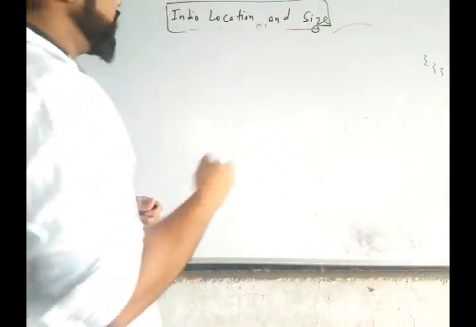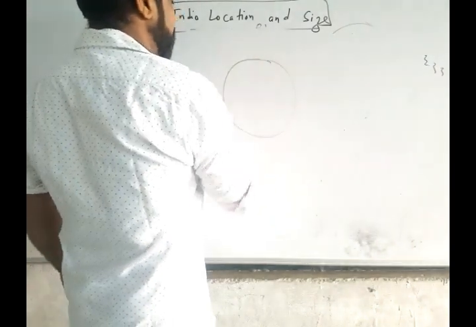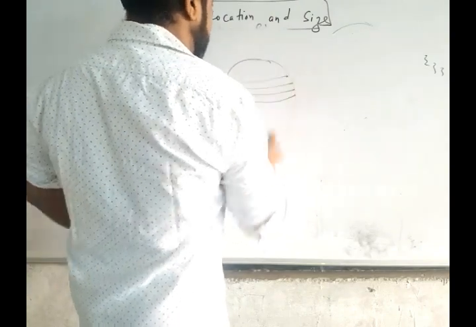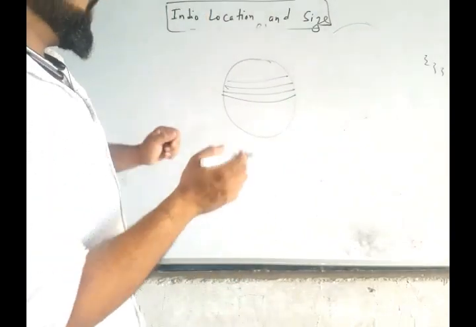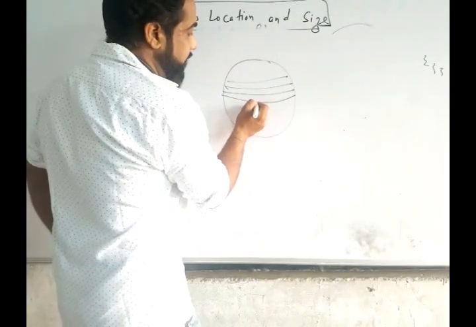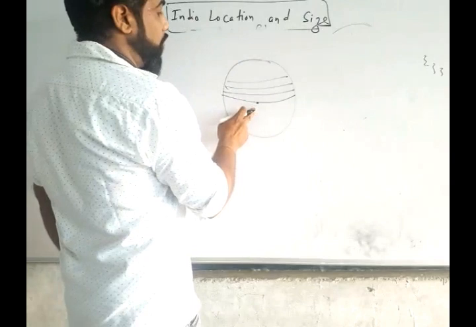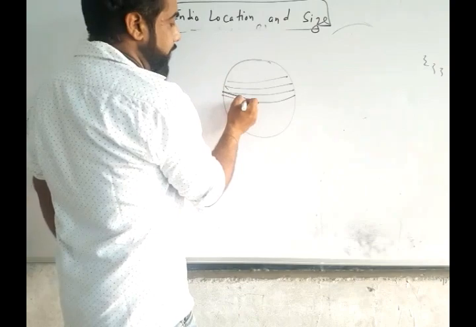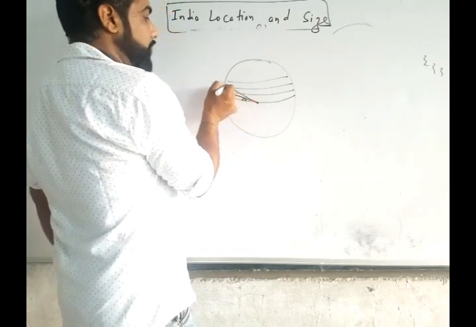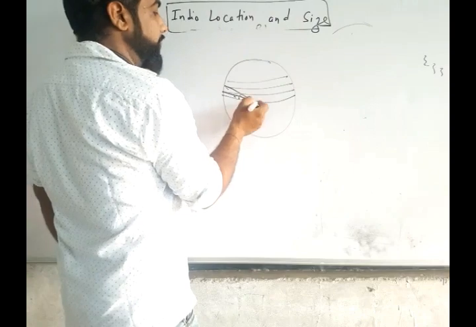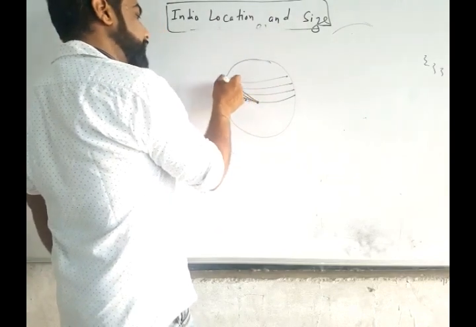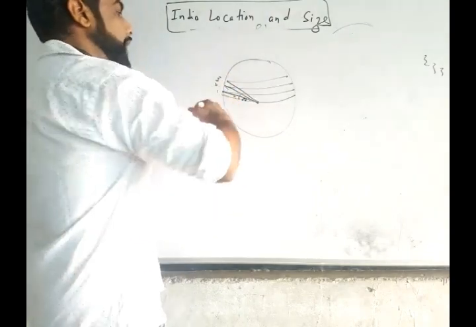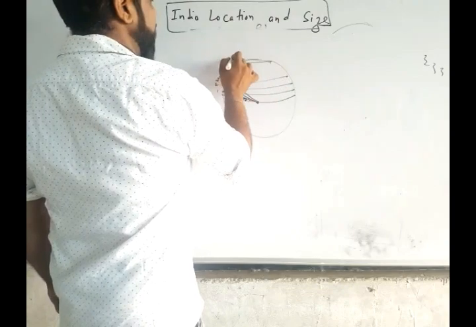Now again I draw it. This is the globe, this is the equator, these are the lines. What is latitude now? You just calculate its degree from the center of the earth and you find that this position creates an angle of 1 degree. This position creates an angle of 2 degree with the center with respect to the equator. This line is at 3 degree, and the total is 90 degree.